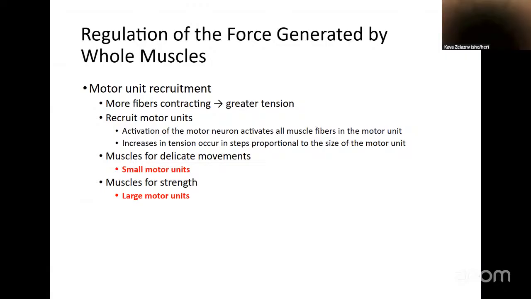Okay. So every time we activate a motor neuron, it activates the entire motor unit, okay? And then we see increases in how much force comes from a motor unit, depending on how many fibers we have and how big they are. So when we are trying to make delicate movements, little precise movements, you can feel that doesn't take a lot of force.